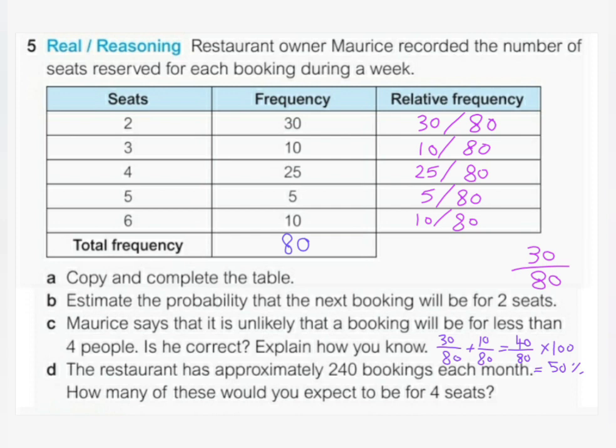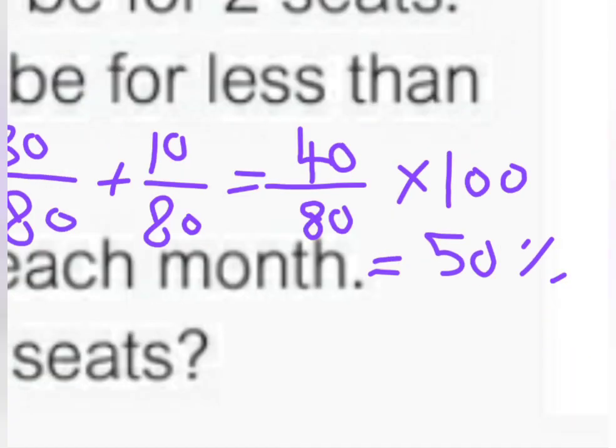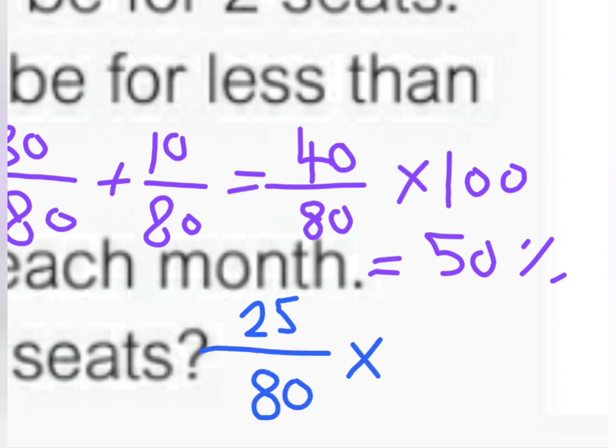You just take the relative frequency of 4 seats, which is 25 out of 80, and you multiply it by this number. Let's do it together. We have 25 out of 80, and then you multiply it by 240. And you'll get the answer.